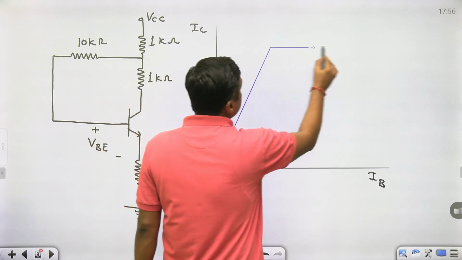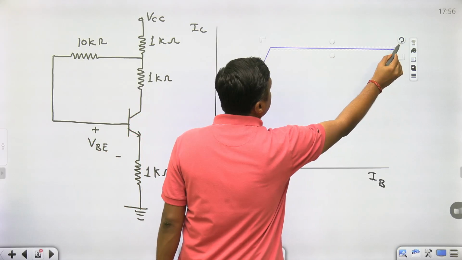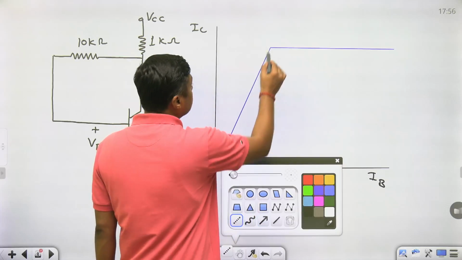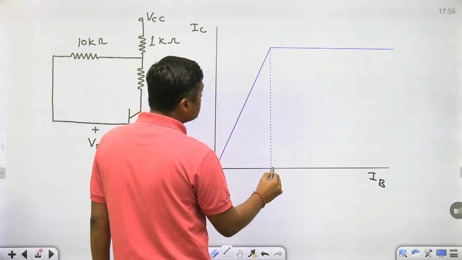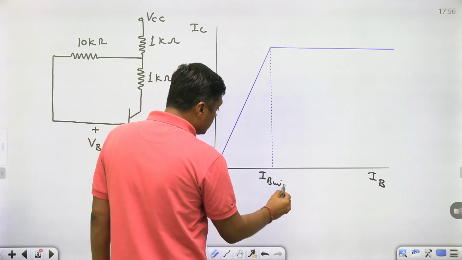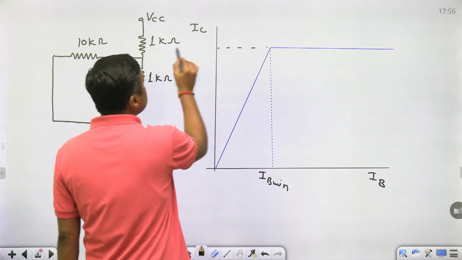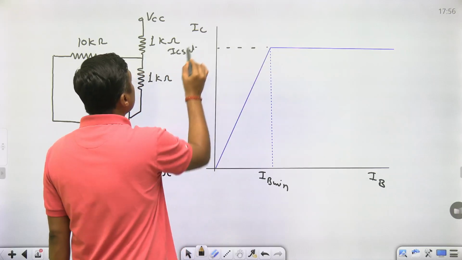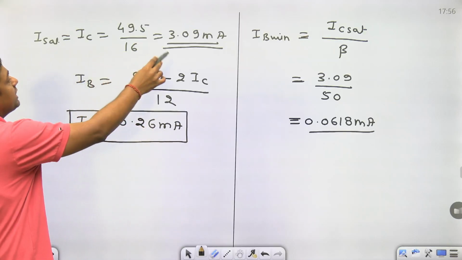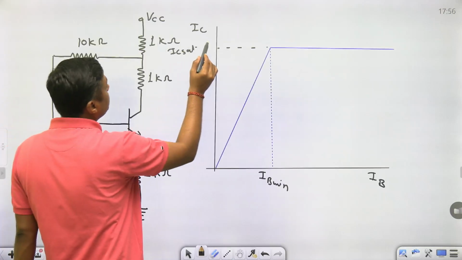Slope of this line is beta, and in saturation region, that is the line. Okay. Or at the boundary of active and saturation, that is the case. So what is the current required? This is called IB minimum. And this portion is called IC set. What was the IC set for the diagram? IC set for the diagram is 3.09 milliampere.